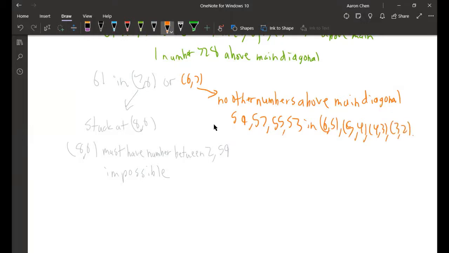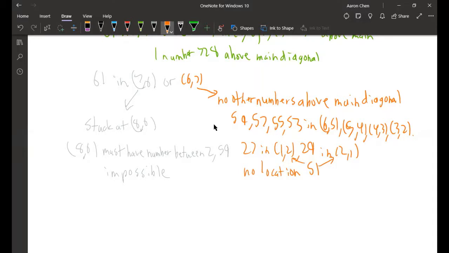Okay. And so we also have that 27 is in (1, 2) and 29 is in (2, 1). And so that means that there is actually no possible location for the number 51, because it shouldn't be in one of these, but both of them have been occupied.